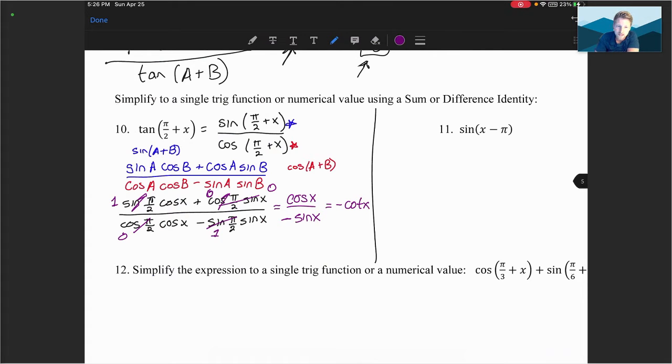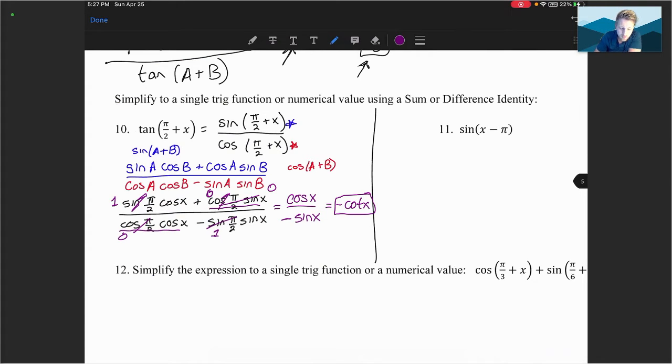So we'll have negative cotangent x as our final expression here. So both these denominators have a component that goes to 0, and then parts of those go to 1 times cosine x, and then negative 1 times sine x. So that's how we get our solution. And we'll be done with this problem 10.